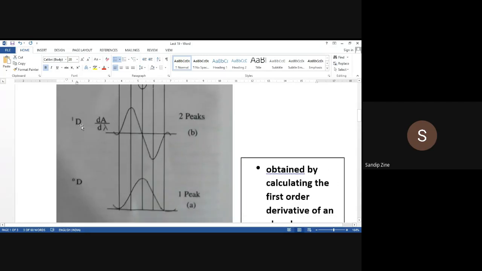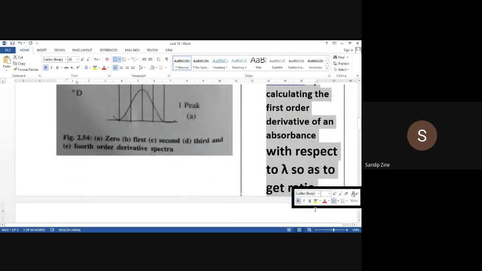For example, this is a first order 1D, dA divided by d lambda. What is your observation in this graph? Here you are getting two peaks, isn't it? What is the splitting pattern of this peak? That is a point of discussion that we will see. But before that, we will try to understand what is a zero order, first order, second order, and third order spectrum.